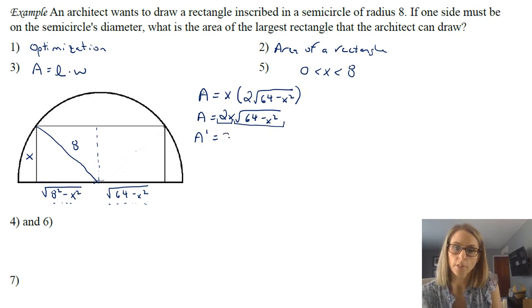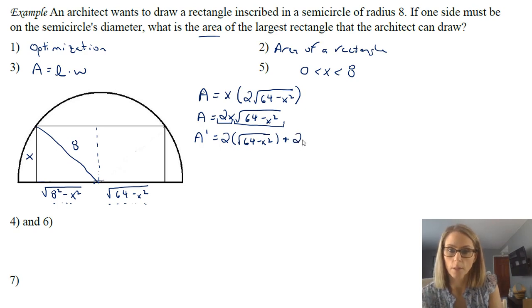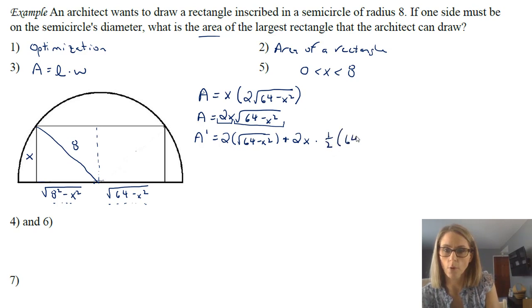So the derivative of the first is 2. The second is just the square root of 64 minus x squared. And then the first times the derivative of the second is going to give us 1/2 times 64 minus x squared to the negative 1/2 times the derivative of that, which is negative 2x.